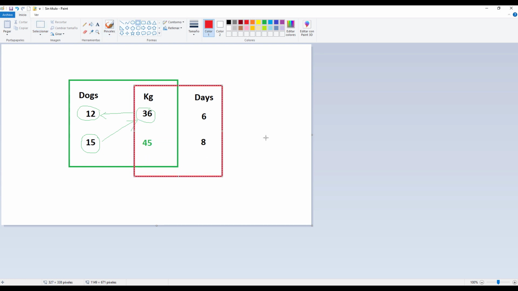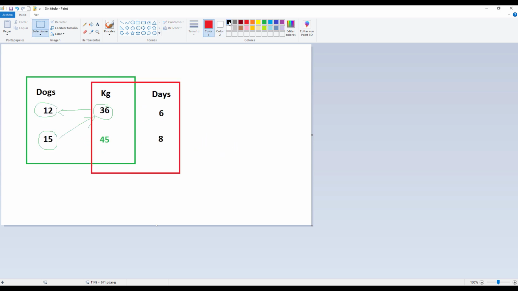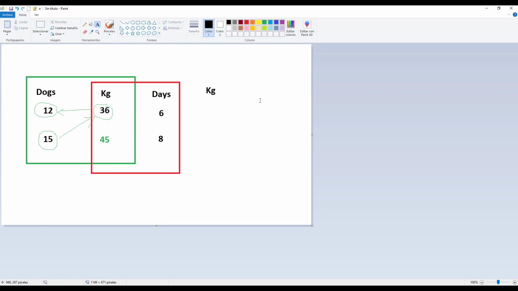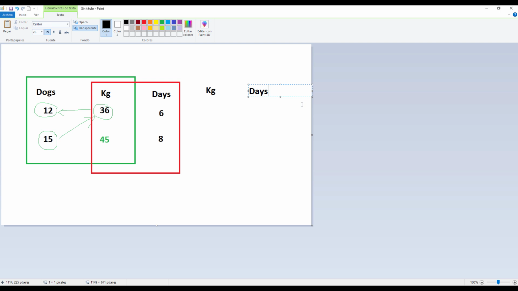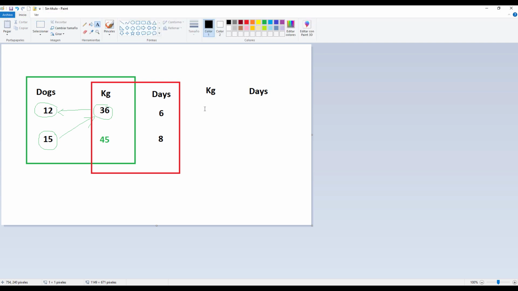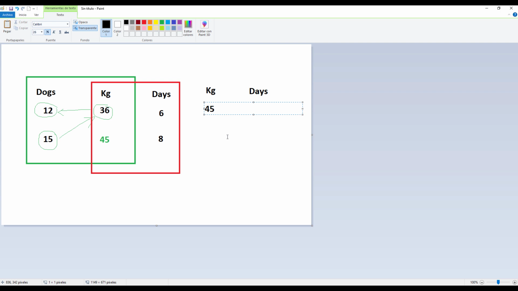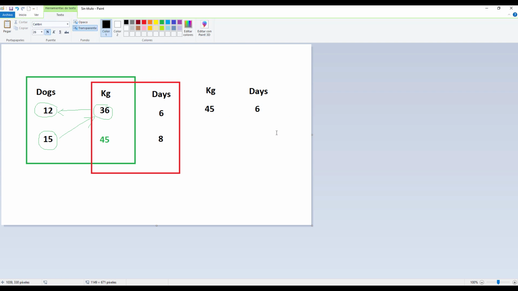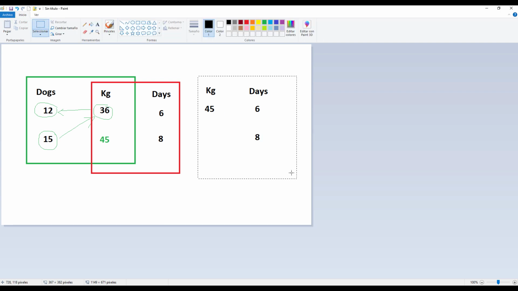So you need to group that information again, but you need to remember that you will now calculate using 8 days. So I will type again kilograms, days. But now remember there are 45 kilograms in 6 days. Now you want to know how many kilograms in 8 days.